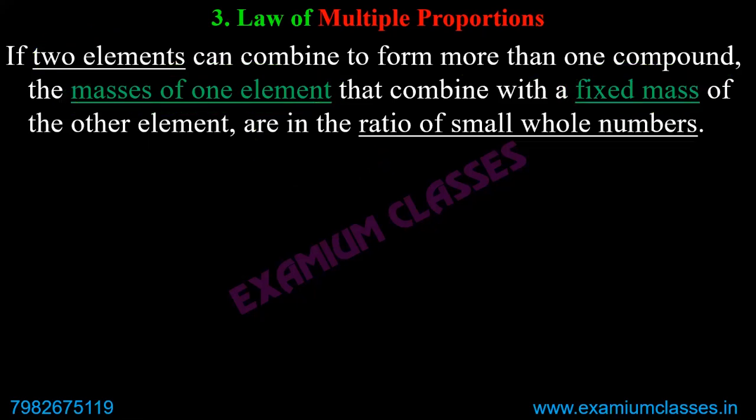I would suggest that you memorize this definition. This question is very common, asked in your examination: write the law of multiple proportion. So a 3 marks question normally appears. A part will be write the law of multiple proportion, and B part will be a numerical based on this one, that show that the following figures follow the law of multiple proportion. So that is something you need to show, as I said, in case of H2O and H2O2, in case of NO2 and NO, in case of SO2 and SO3.